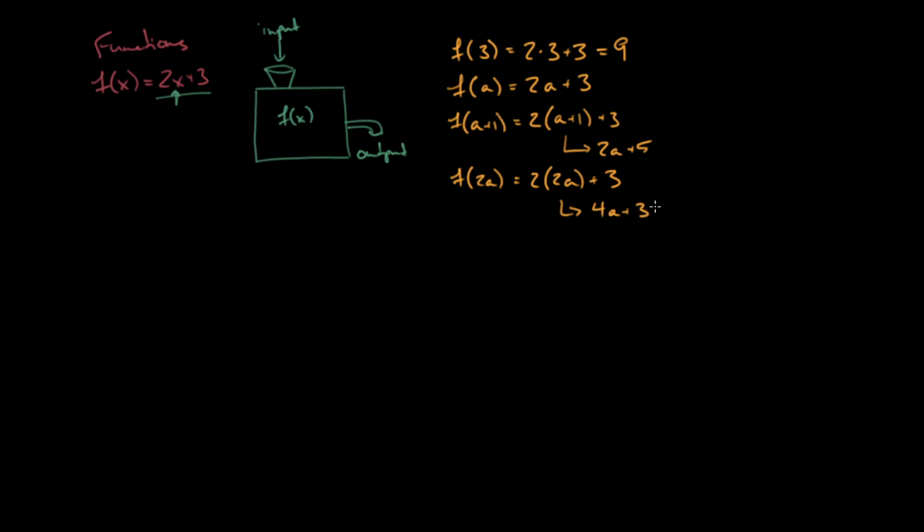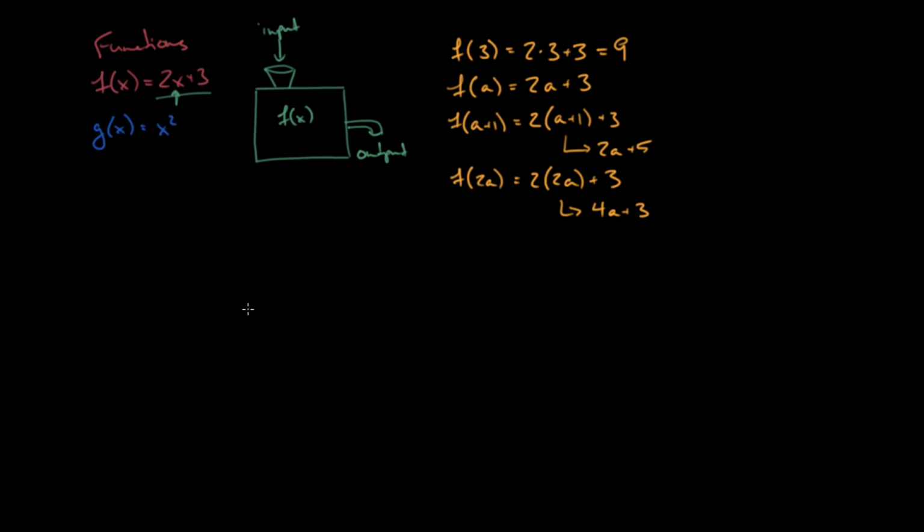So I can plug in whatever I want. And now here's the first tricky part: if I wanted to, I could talk about plugging in other functions. Let's define a new function. This new function is going to be g of x, and it's also going to be a simple function. It's going to be just x squared. Simple as that.